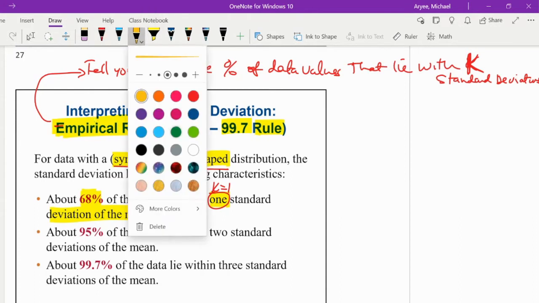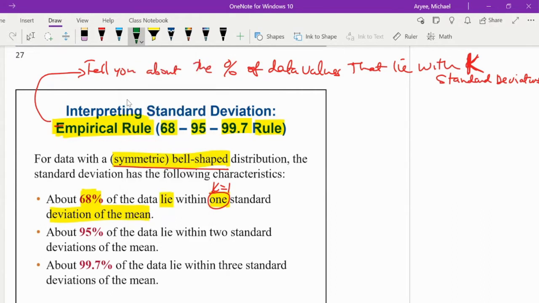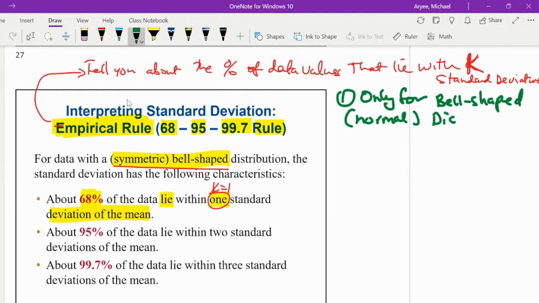All right, the empirical rule is only for bell-shaped, or what we call normal distribution.